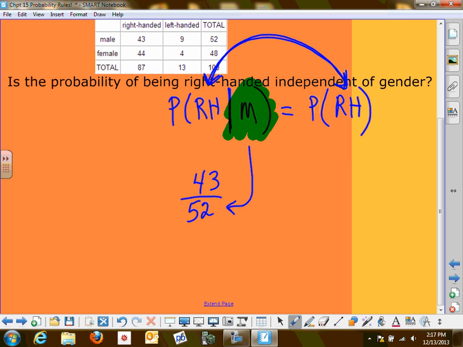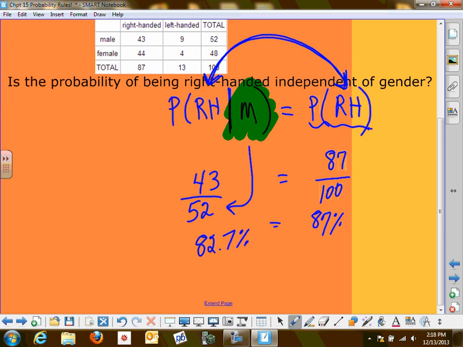If I did the math on that one, I think it's 82.7% of the males are right-handed. Next. What is the probability of right-handed overall? 87 out of 100 overall, so this percent is 87%.